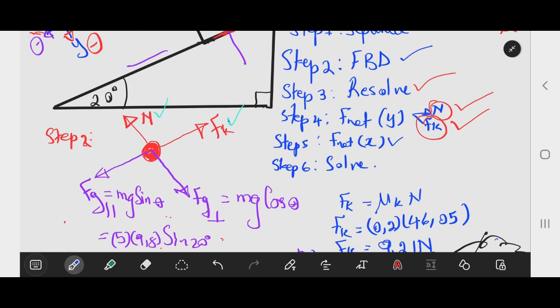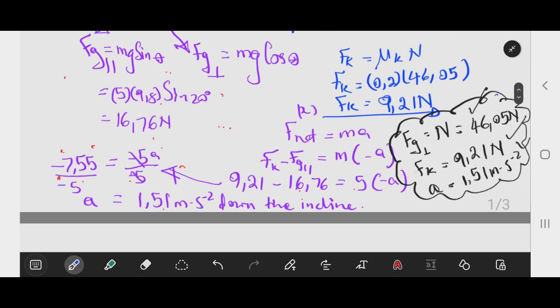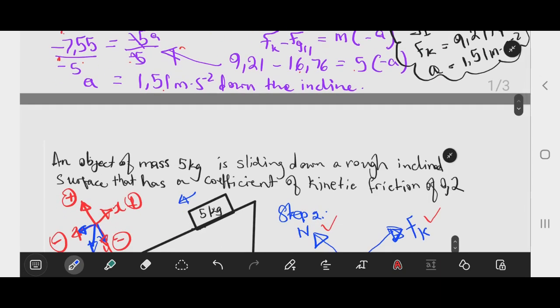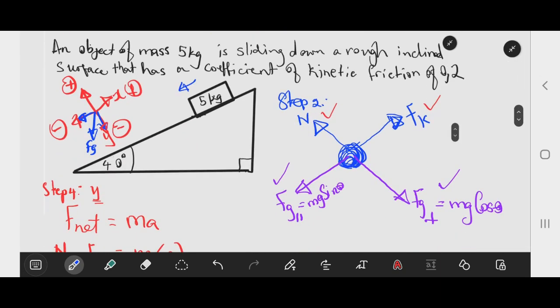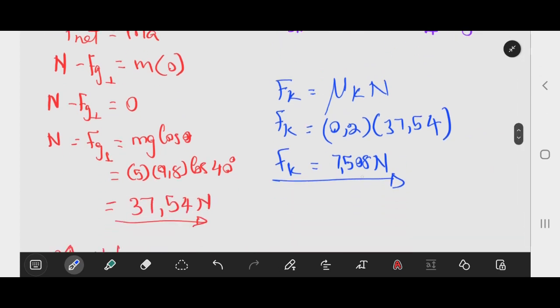The angle of inclination was 20, and the frictional force was 9.21. And now that we have increased our angle of inclination to 40, we are obtaining a frictional force of 7.508. So when we increase the angle of inclination, we decrease the normal force and we also decrease the frictional force acting on that object.